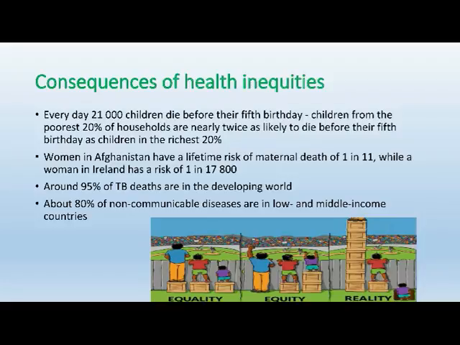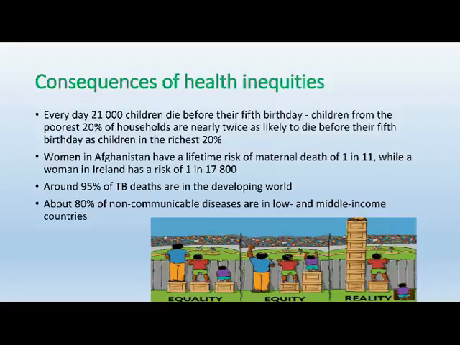Around 95% of TB deaths are in the developing world. These deaths affect mainly young adults in their most productive years. Contracting the disease makes it even harder for these adults to improve their personal economic condition and that of their families. About 80% of non-communicable diseases are in low and middle-income countries. In low-resource settings, healthcare costs for non-communicable diseases can quickly drain household resources, driving families into poverty.